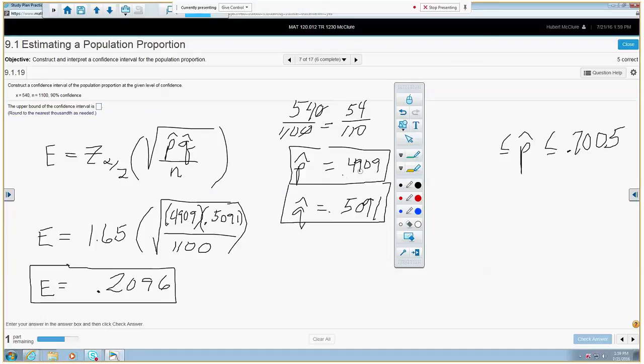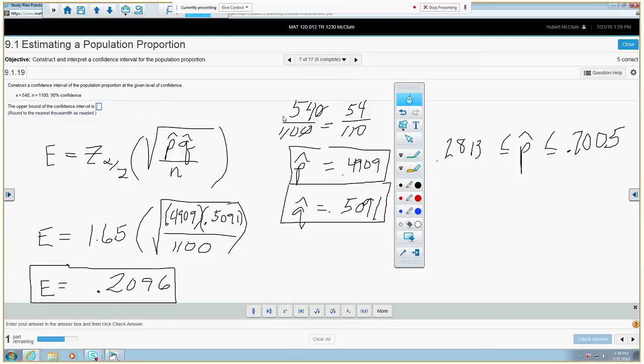All right. .4909 minus .2096. What do you get? .2813. Now to always check it, just go 49 cents minus 21 cents. All right. Now what does it say? It says round to 3 decimal places, so take your cursor, and that's going to be .281.